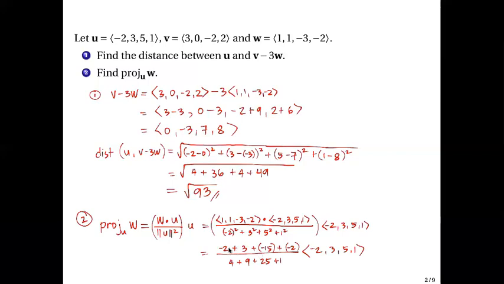And then you perform the addition in this fraction and then you multiply it to each of the entries in here. So we have, -2 plus 3, that's +1, minus 15, that's -14, minus 2, that's -16 in the numerator.